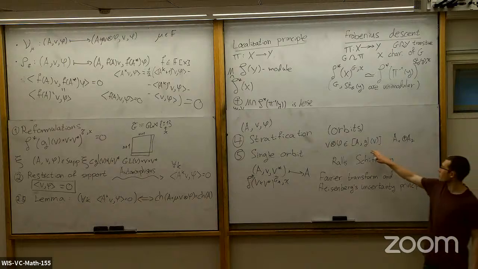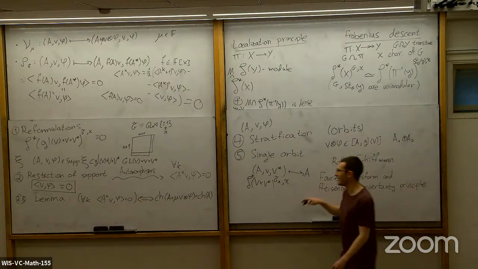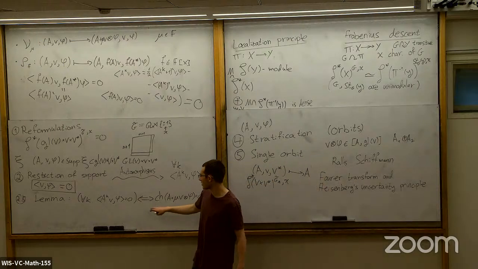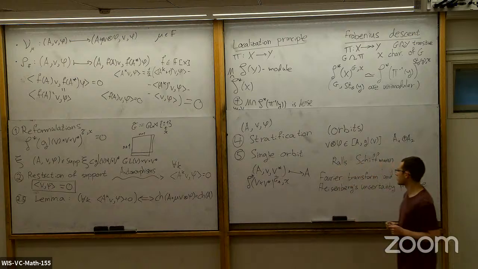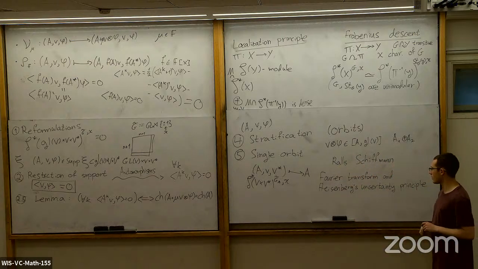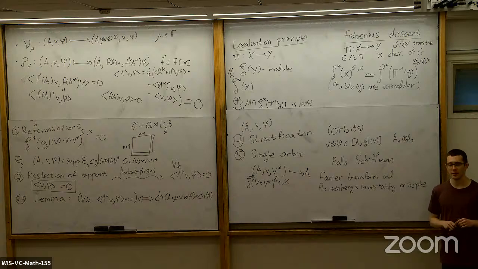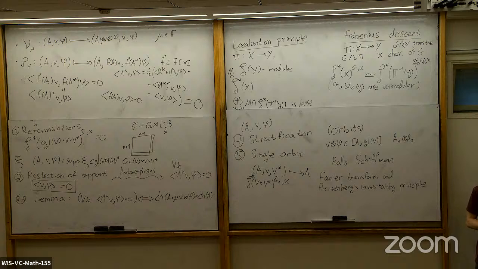And then we go back from this condition to this condition, that for all k, we have this. So yes, this is the flow of the proof. Are there any questions?